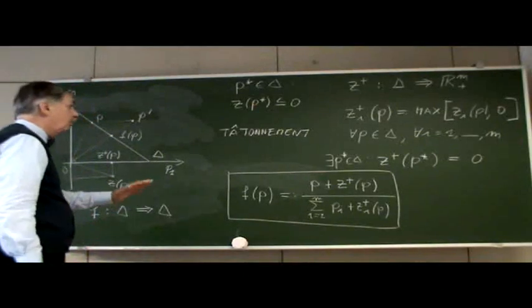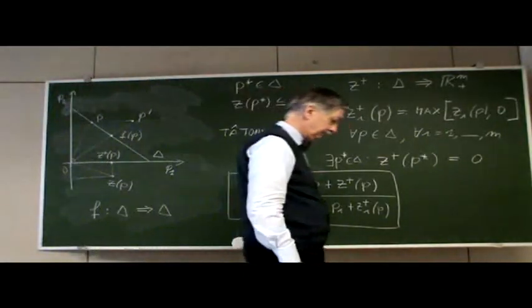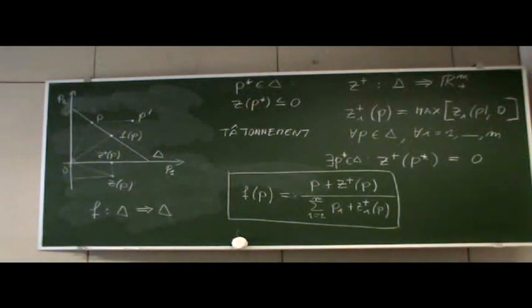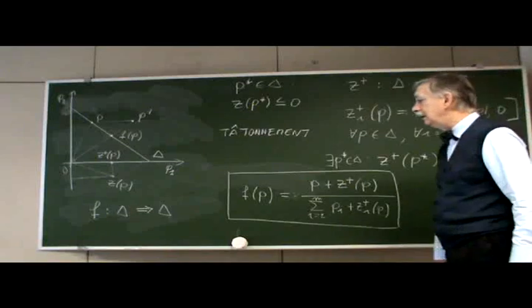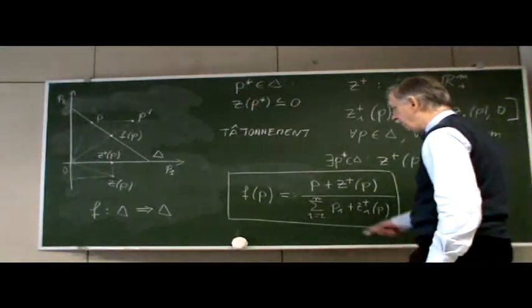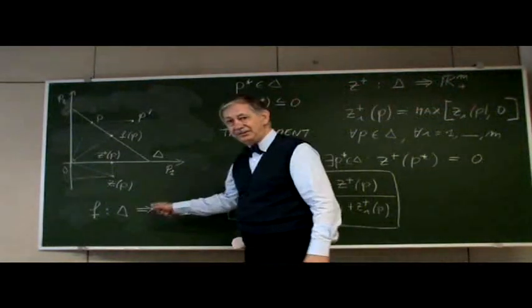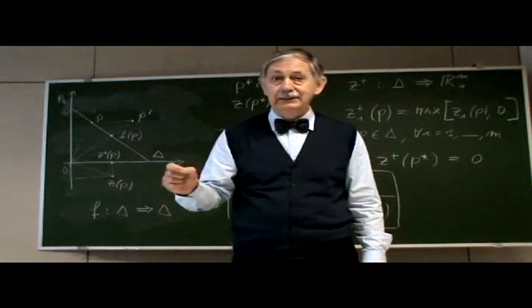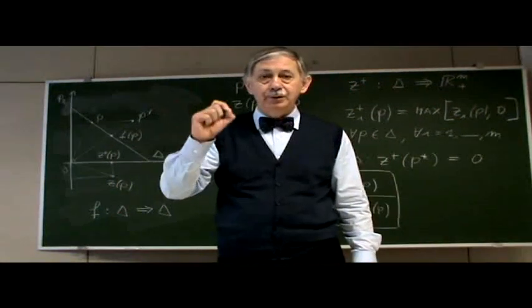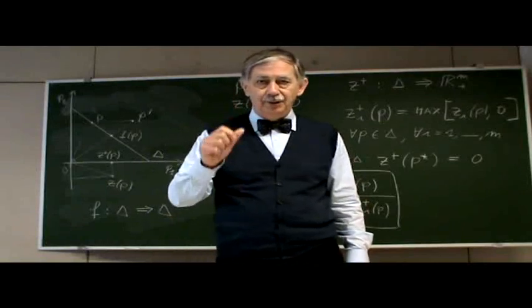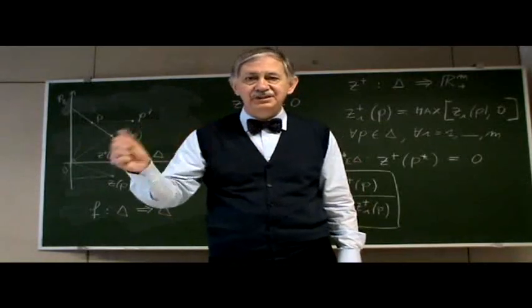The function is well defined. Is it clear? This is the modified form of Walrasian tâtonnement, and after a short interval, we shall prove that every fixed point of this function is in reality an equilibrium for our economy. The fixed point theorem implies the existence of equilibrium.